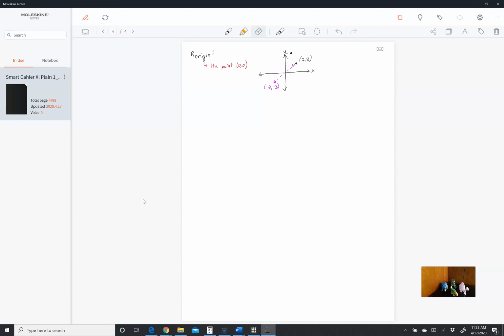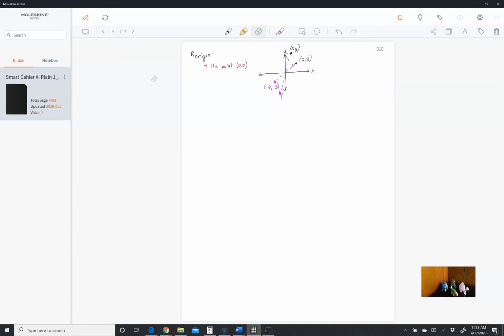Let's take this point over here, okay? So if we want to reflect that, this is our x comma y. We face the origin, and then we go the same distance on the other side.